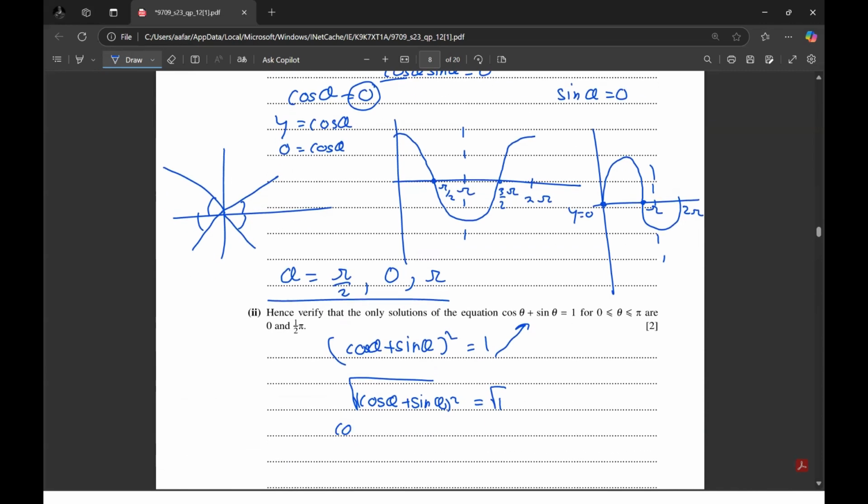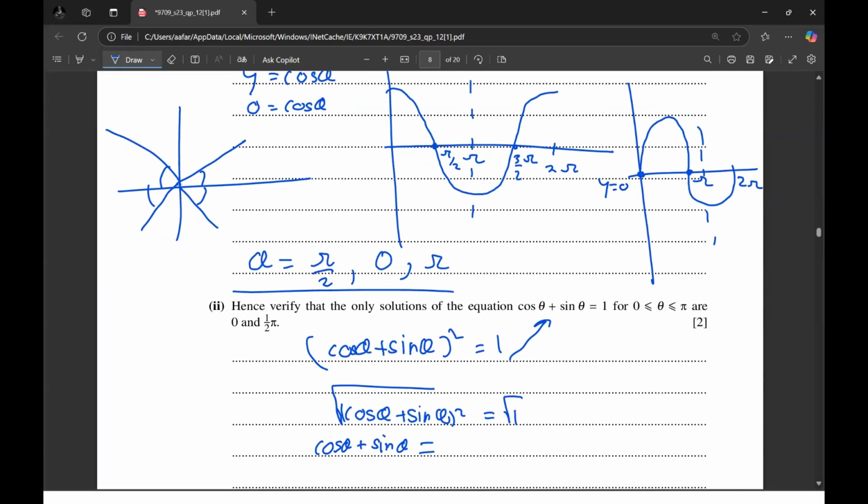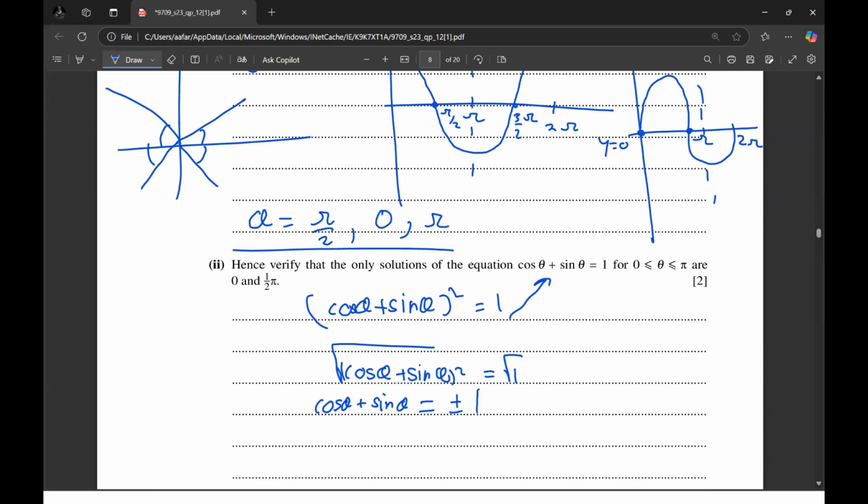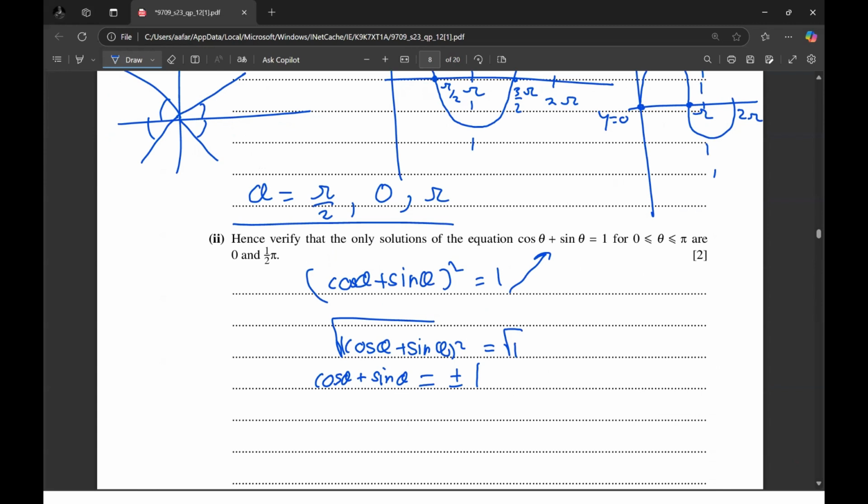We get cos theta plus sin theta. However, the square root of 1 is 1, but it is also -1, right? (-1) whole square is also 1. That's the catch in the question. So cos theta plus sin theta is equal to 1 for 0 and pi over 2. So what we'll do now is, okay, they've asked us to verify that these are the only solutions.